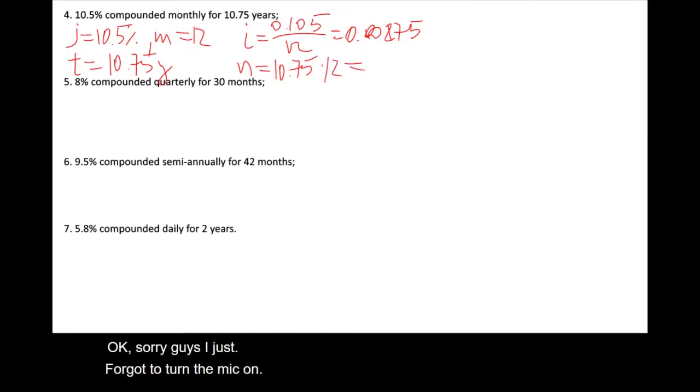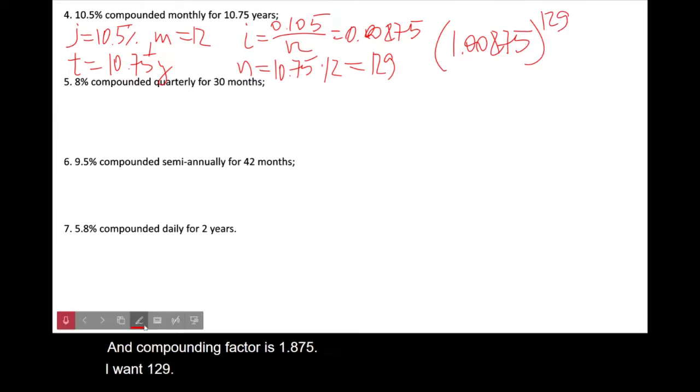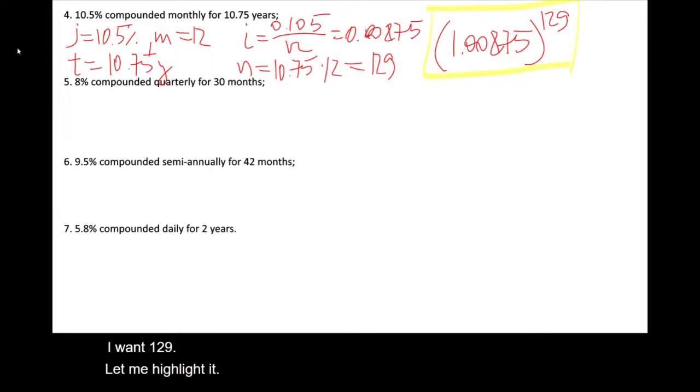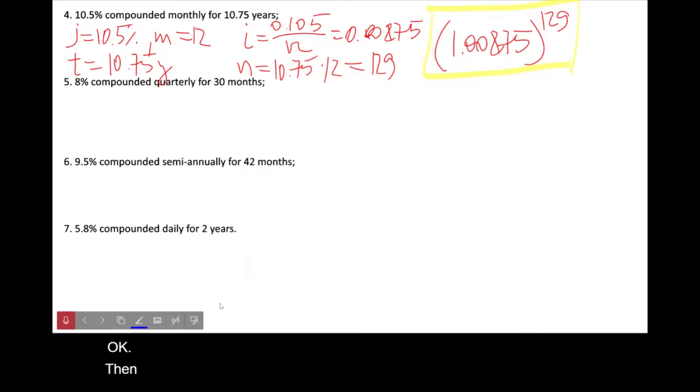So 1075 times 12 is 129, and the compounding factor is 1.00875, exponent 129. Let me highlight it. Next, 8% compounded quarterly.